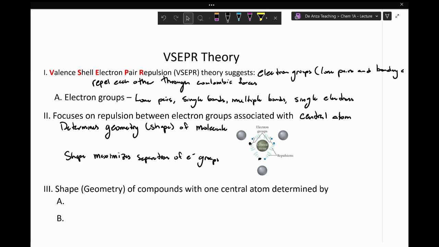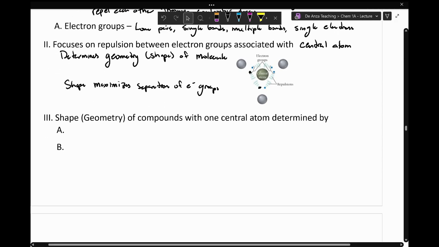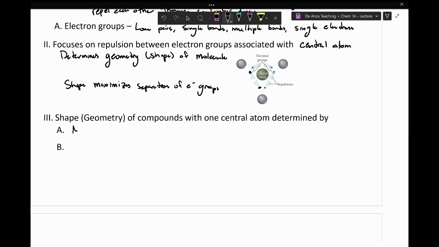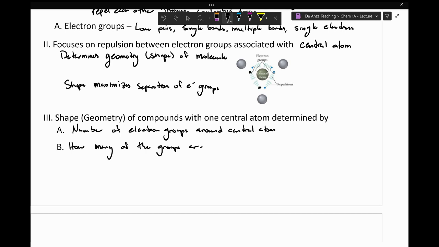And so, like I said, the shape or geometry of the compound with one central atom is determined specifically by the number of electron groups around that central atom, and then secondly, and we'll see this in a little bit, how many of the groups are bonding and how many of the groups are lone pairs.